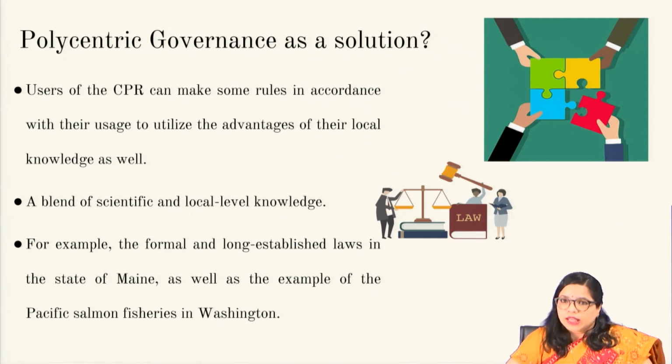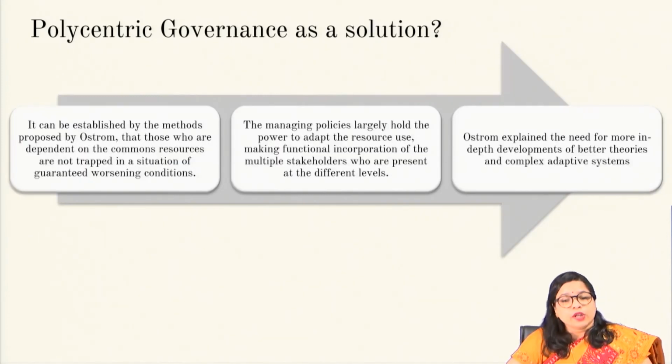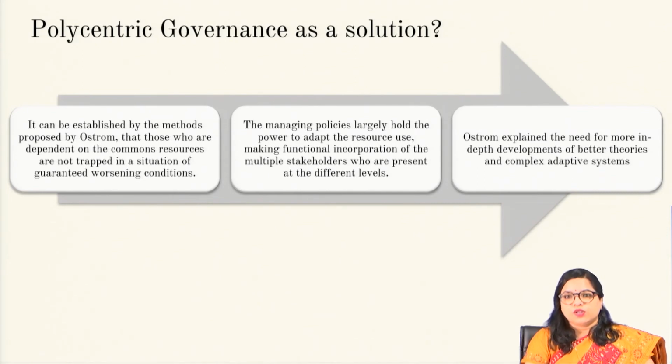It is not very easy to cope with the potential common pool resource related tragedies. However, it can be established by the methods proposed by Ostrom that those who are dependent on the common resources are not trapped in a situation of guaranteed worsening condition.